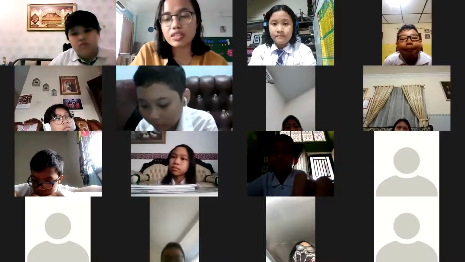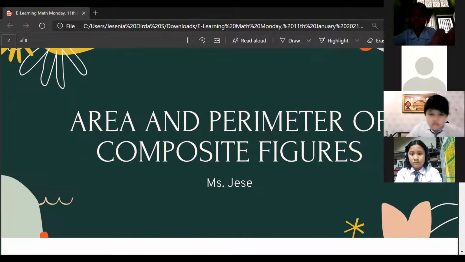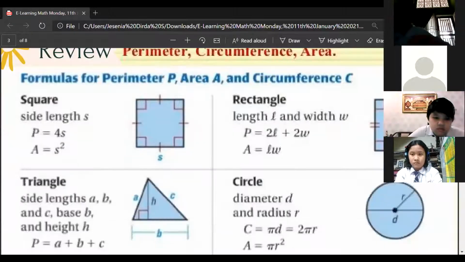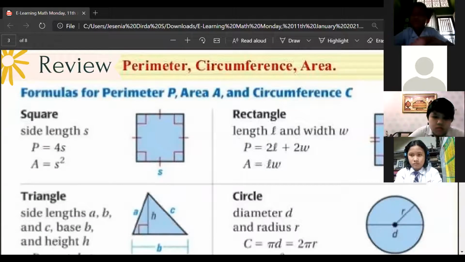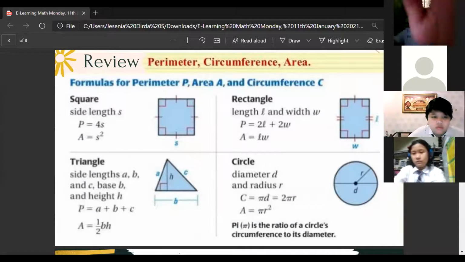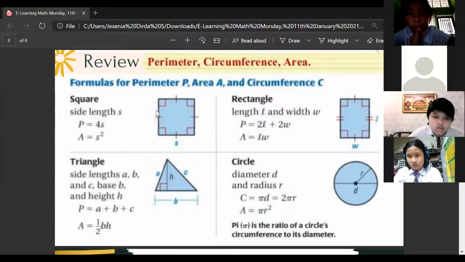Now I want to continue to explain you about the area and the perimeter of composite figures. Okay? So before we enter, I hope you already understand and remember if I ask you, kids, how to find the area of the square? You have to know, oh, the square means side times side.